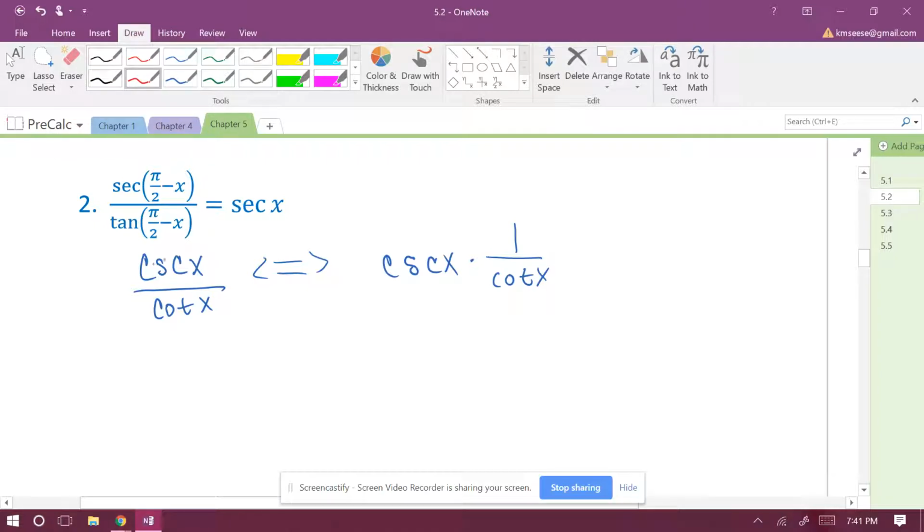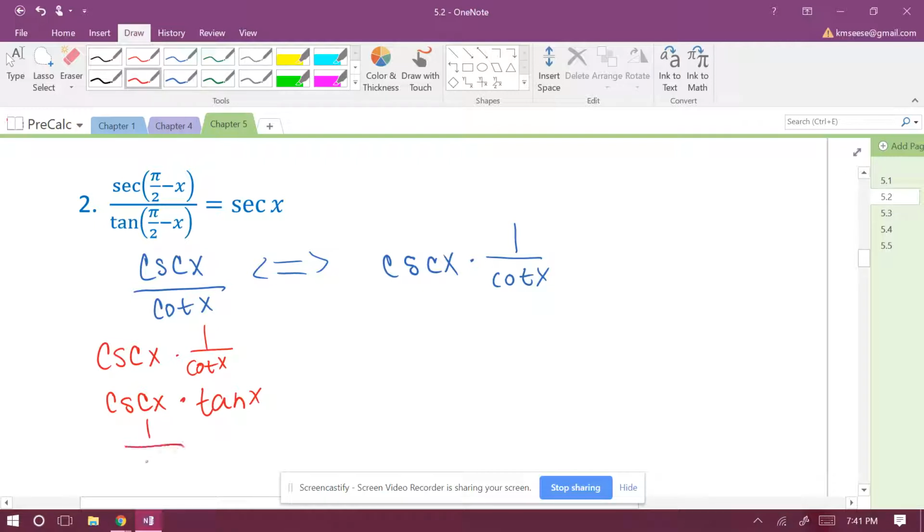Right? So coming from this, cosecant of x times 1 over cotangent of x, which is really just tangent of x.